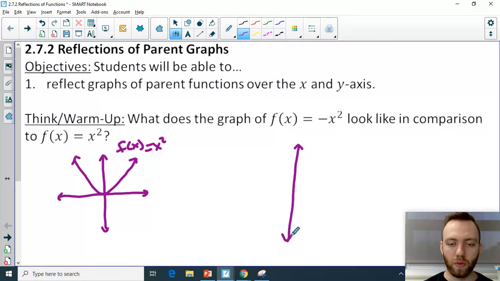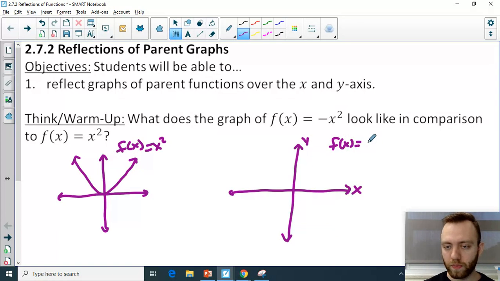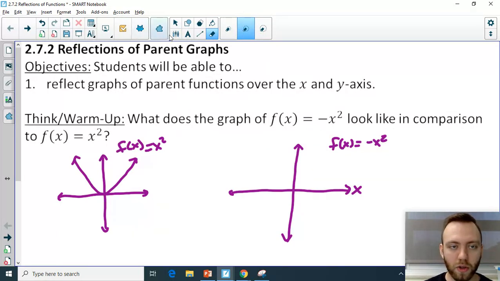And now negative x squared, we've seen this come up in some of our problems, right? Well, if I call that y, I should actually call that f of x, right?